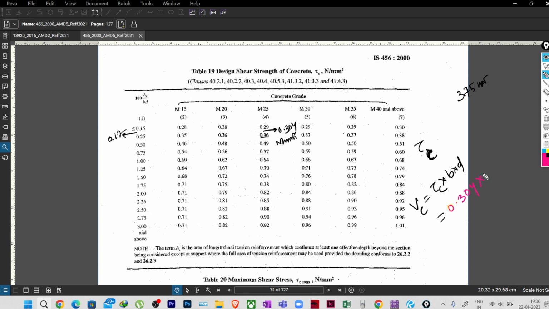So we are taking for 1 meter width, right? So 1 meter per meter width we are finding out, multiplied by depth, so it is 740 effective depth. So how much are we getting? The shear capacity.